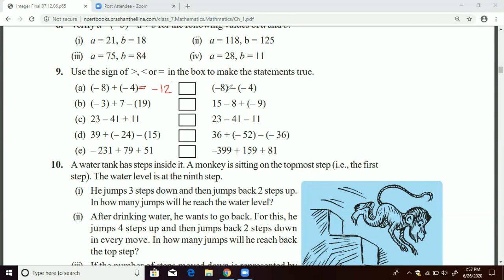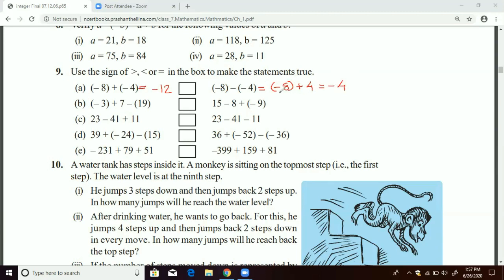Here, negative 8 minus negative 4. Subtraction can be replaced with the addition of the additive inverse, so the additive inverse of negative 4 is positive 4. Then you find the difference between the numbers, which is 4, and put the sign of the greater absolute value, that is negative.